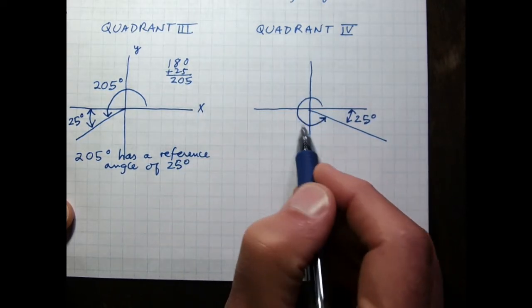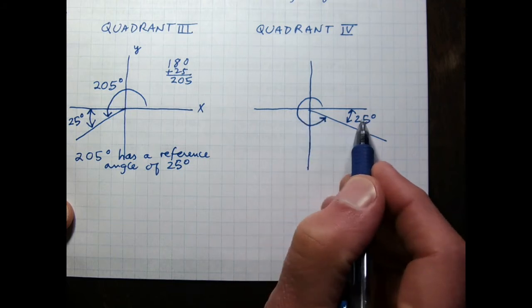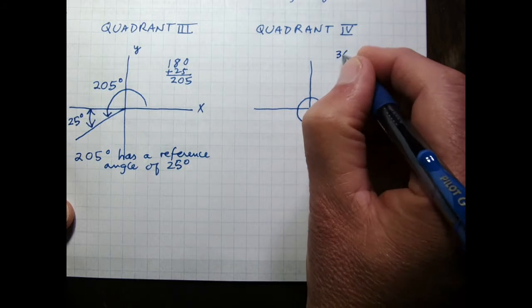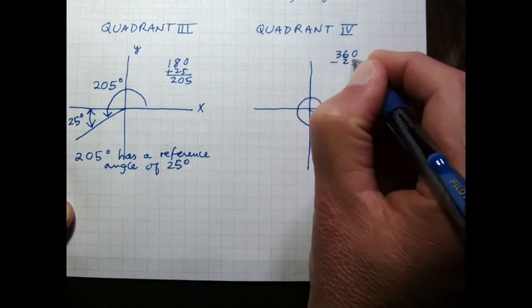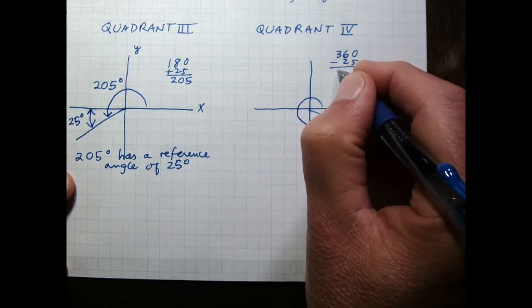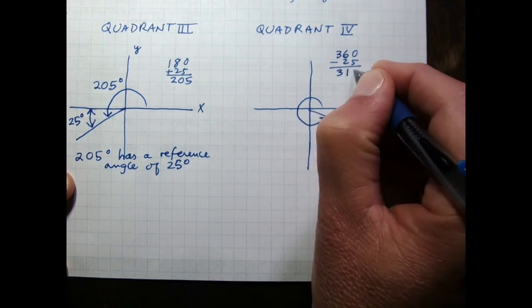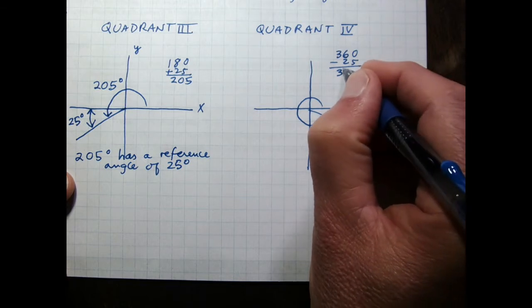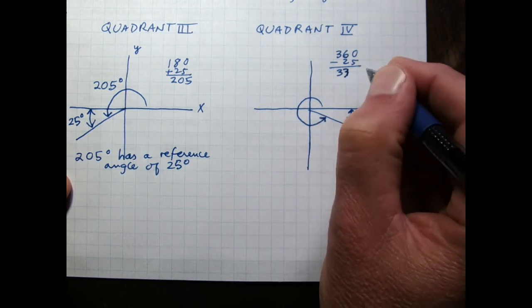What we can see is we want an angle that's just 25 degrees short of 360. So we actually want to take 360 minus 25, which is going to be, I think, 335 degrees.